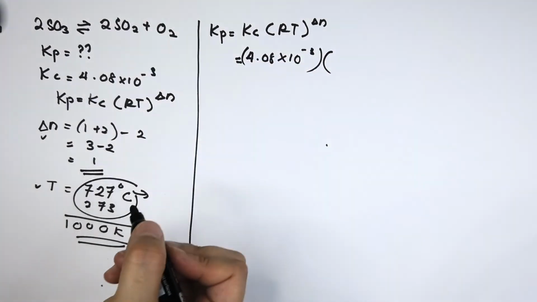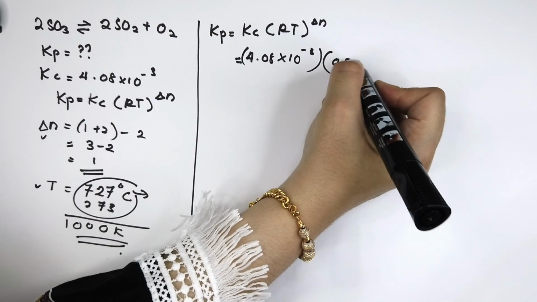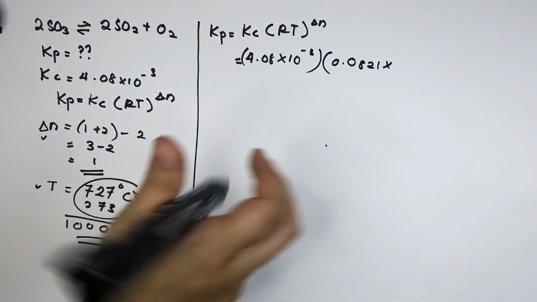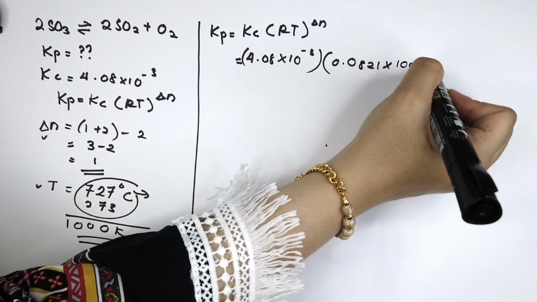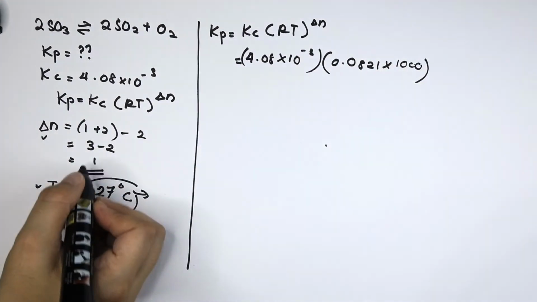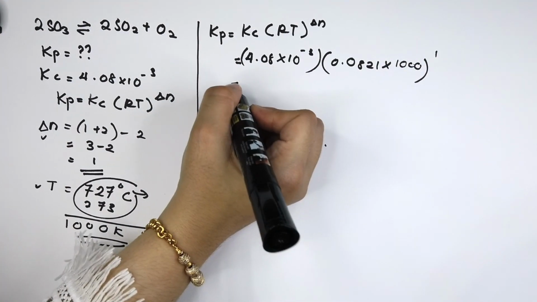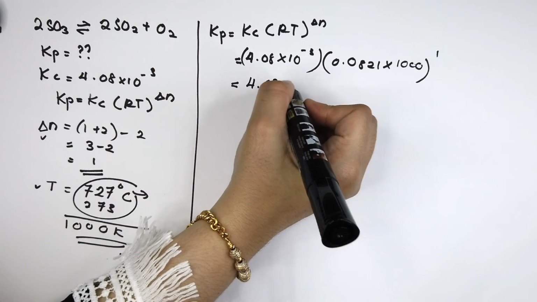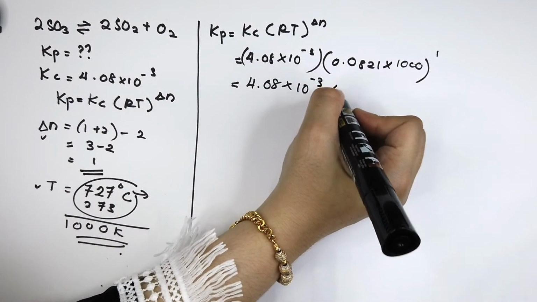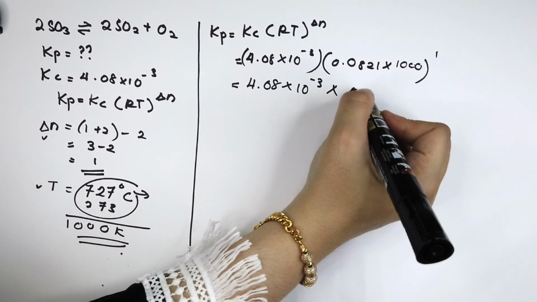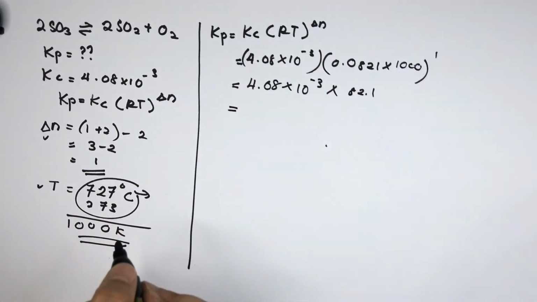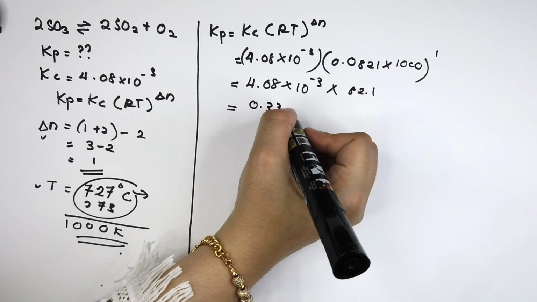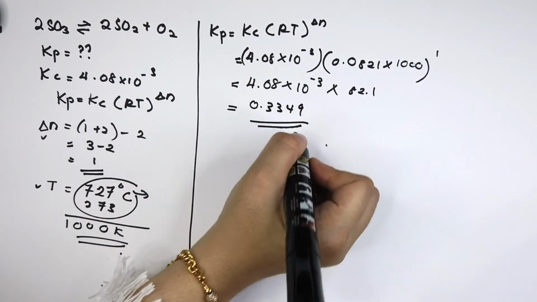The R is a constant value for gas, 0.0821, times temperature, which is 1000 Kelvin, and your delta N is equivalent to 1. Therefore, Kp is equivalent to 4.08 times 10 to the power of negative 3 times 82.1. Therefore, you should get Kp equivalent to 0.3349. So this is the final answer.